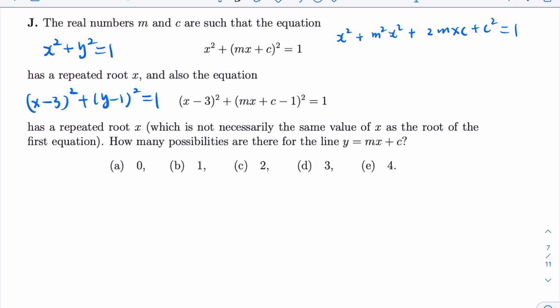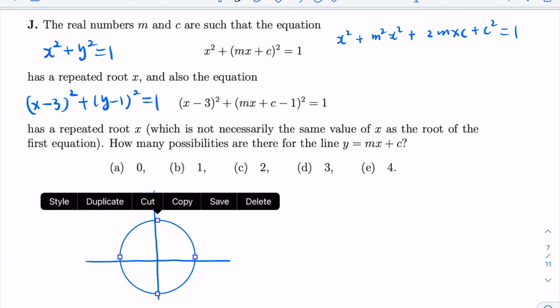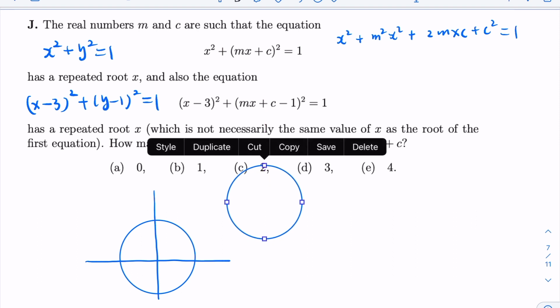Okay, let me erase this. It's a unit circle here, right? And the other one is the same radius circle but at a different position, x equal to 3 and y equal to 1, somewhere there, right?